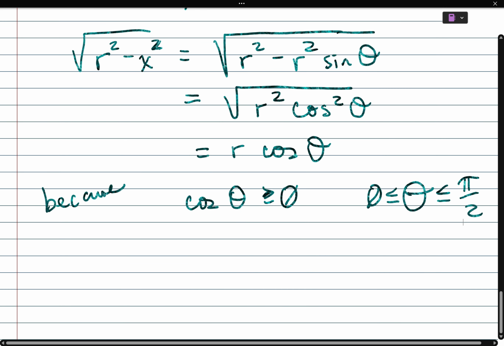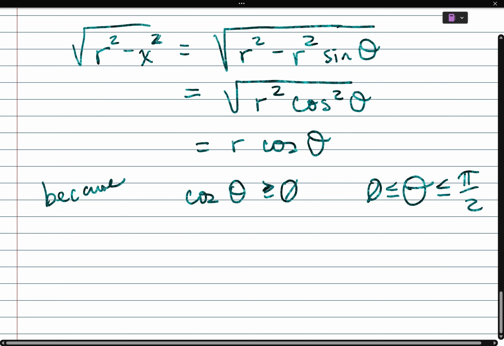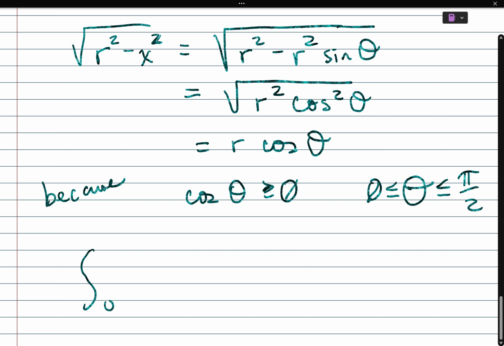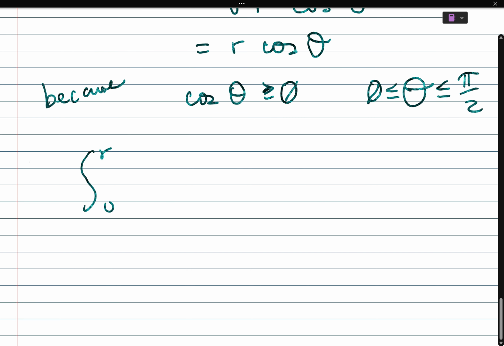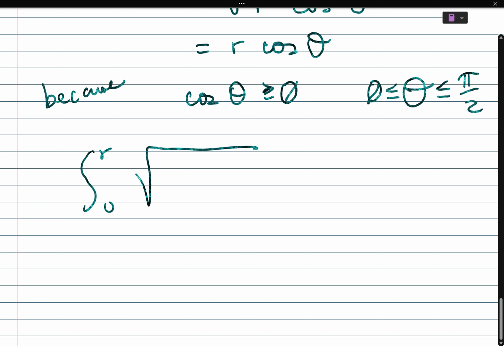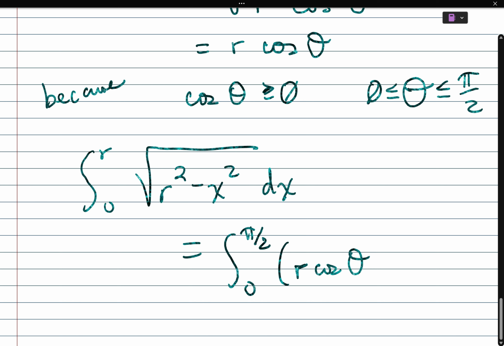Alright, so then the substitution rule gives us the integral from 0 to r of the square root of r squared minus x squared dx equals the integral from 0 to pi over 2 of r cosine theta times r cosine theta with respect to theta.